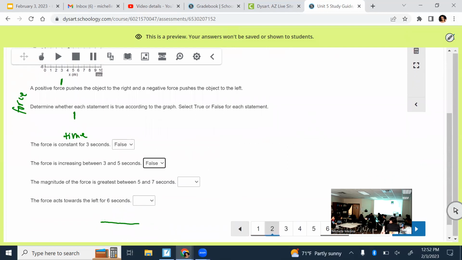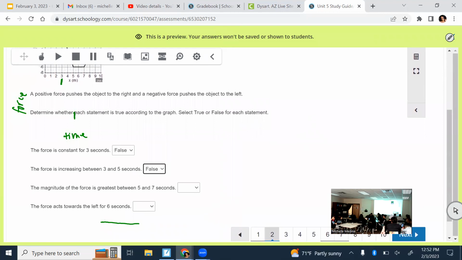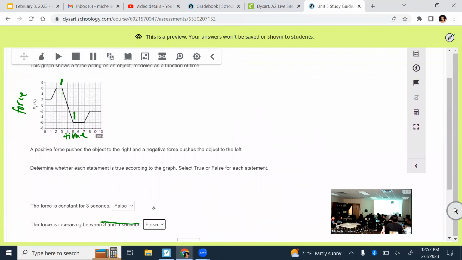The magnitude of the force is greatest between 5 and 7 seconds. So let's see. 5 and 7 seconds is right here. Is that the greatest magnitude of the force? All right, let me think for a second.